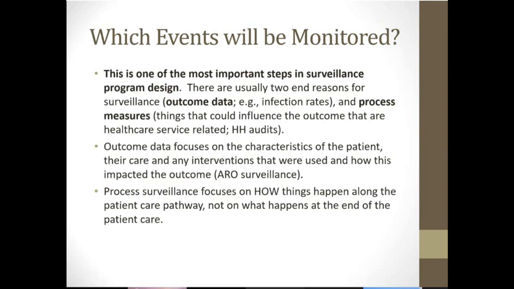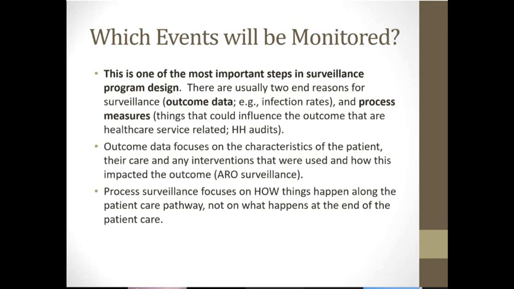So that's your outcome data, but you're wondering why you're all of a sudden having an increase of these rates. So you could be involved in hand hygiene auditing, which is a process surveillance to determine whether or not hand hygiene has dipped in your facility, and that may be one of the reasons why the infection rates are going up. So they usually complement each other.